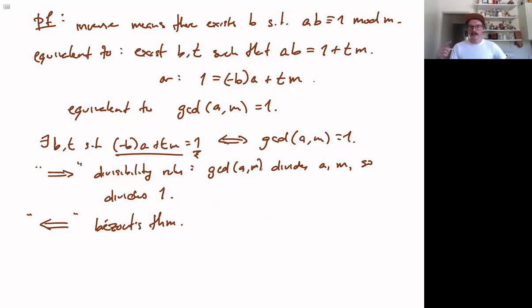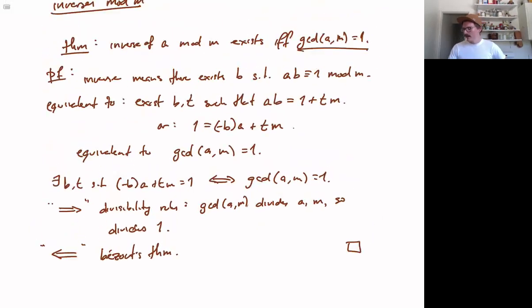So it's exactly this backwards direction. So that completes the proof. It's essentially just saying that having GCD equal to 1 is equivalent to having something you can multiply to get 1. So we have this nice simple criterion for when such an inverse exists.